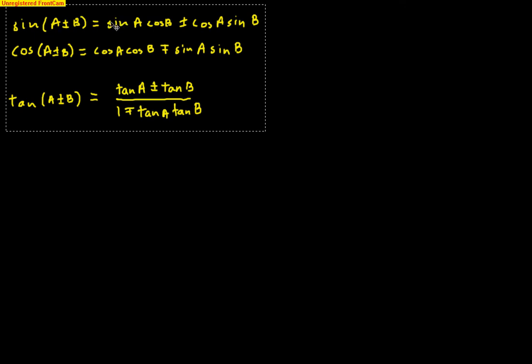Sine is sine cos, cos sine. Alright. But for cos, the sign changes. So if it's a positive on the left, or when you're adding the two angles, it becomes a negative. But with sine, it doesn't change. So if you're adding the two angles, you're adding everything here.